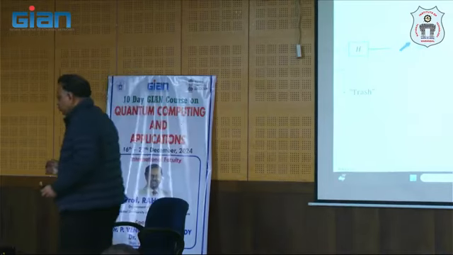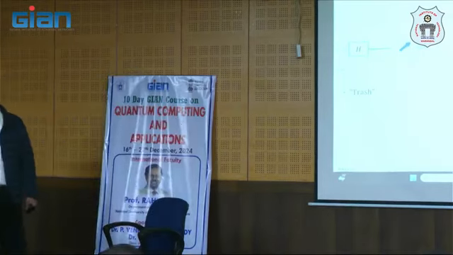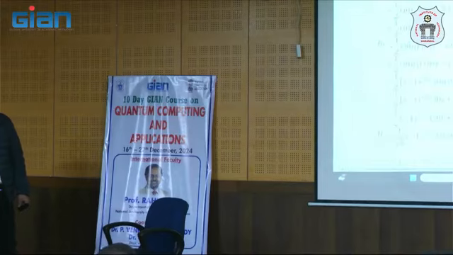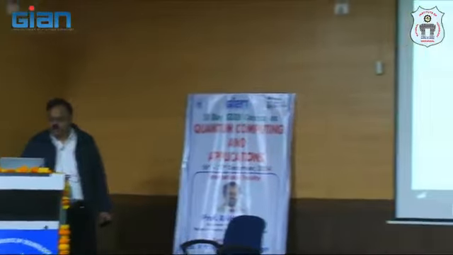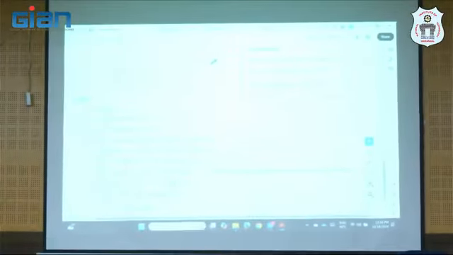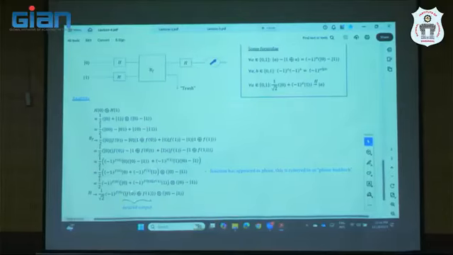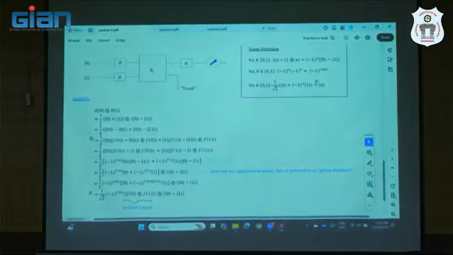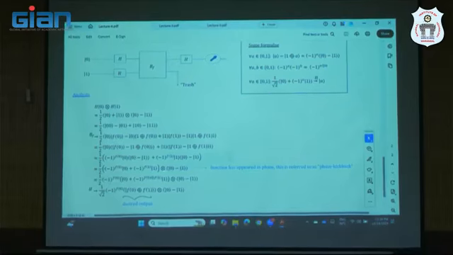Okay. So finally we got the desired output. Agreed? This is our desired output. We simply measure it and output it. Now after we did all this and we removed the second wire, what happened?